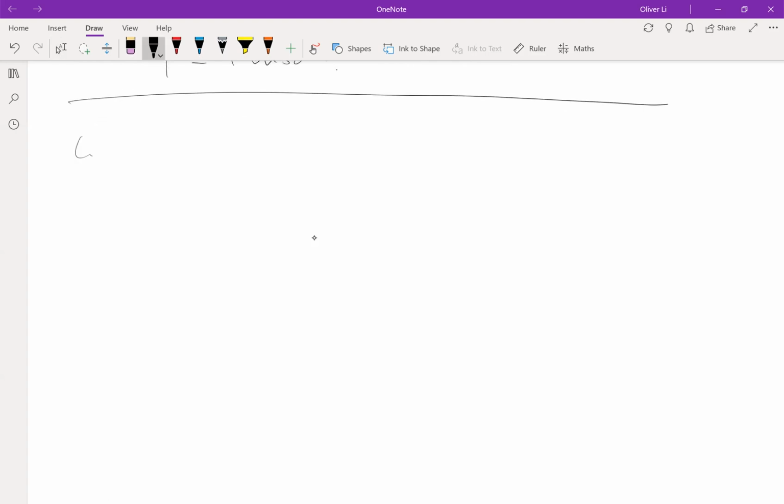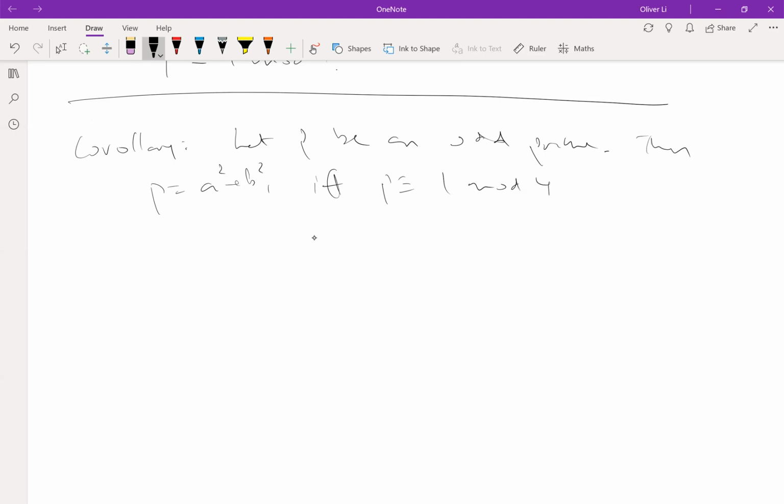Now finally we have enough theory to cover the theorem. I call it a corollary actually. Corollary: let p be an odd prime. Then p is equal to a squared plus b squared for some a and b if and only if p is congruent to 1 mod 4. So that puts everything we've done so far together.